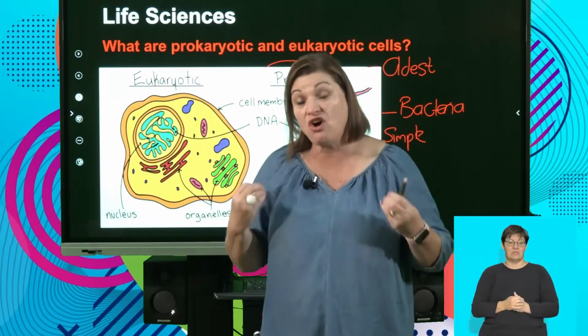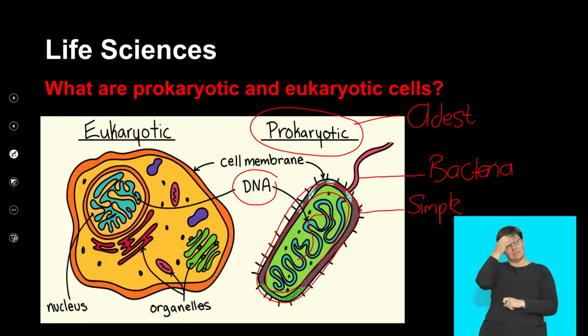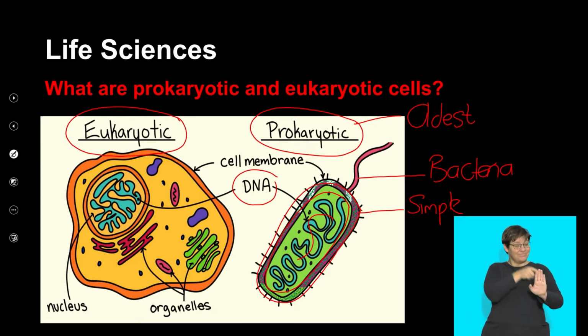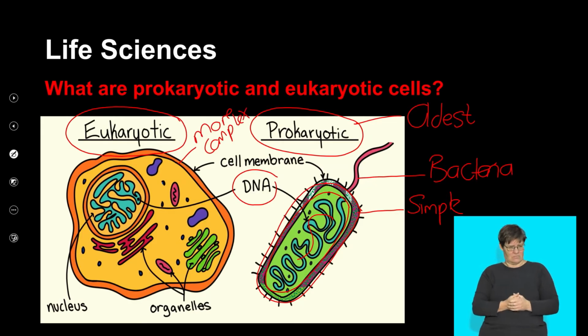Now, with that complexity, let's have a look here. We find a cell called a eukaryote. What it basically means is this cell can do more complex things. I know this sounds like a bit of a mystery, but as we go through the whole structure, you're going to see what I mean.